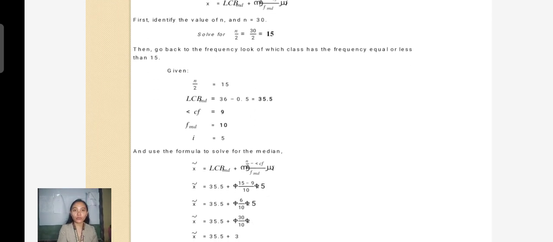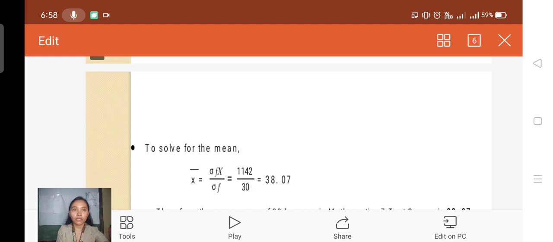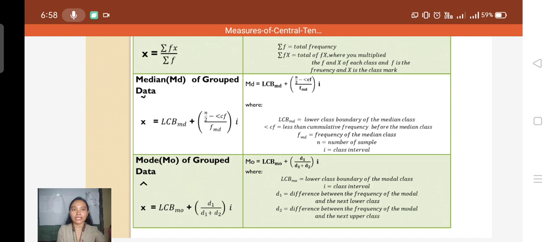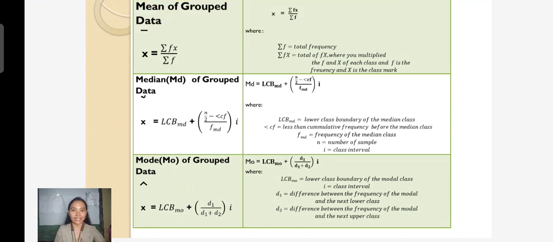First, we get the given. Our n over 2 is 15. The LCB of the median is 35.5, based on the highlighted class. And our less than CF is 9. Why is our less than CF 9? Because, as described in the formula, it is the less than cumulative frequency before the median class.